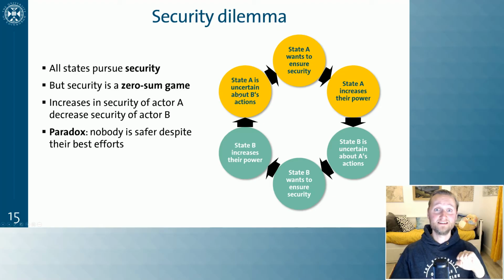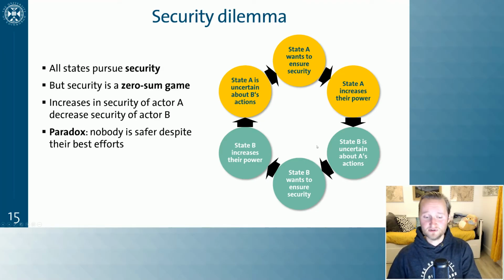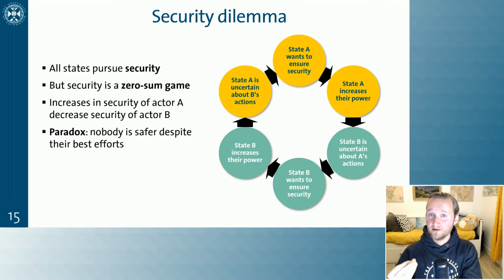But then, of course, Britain sees that and goes, hold on a second, they just bought a couple of nuclear missiles, we should buy a few more, and so on, until you end up in this spiral here, where everyone is constantly trying to increase their power in reaction to others also increasing their power. And that is fundamentally the paradox.